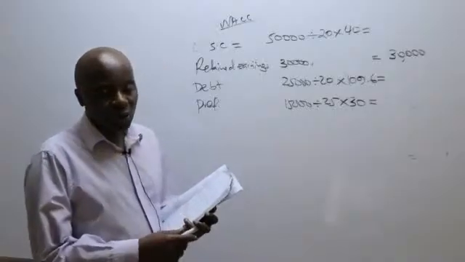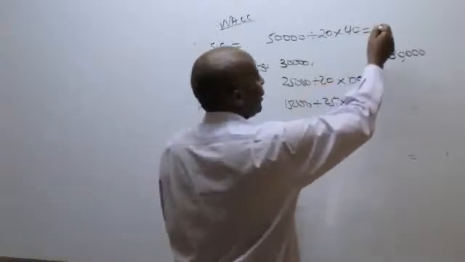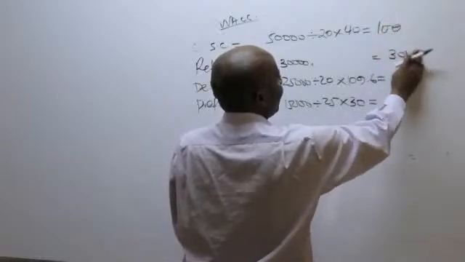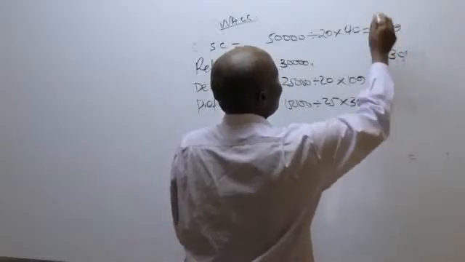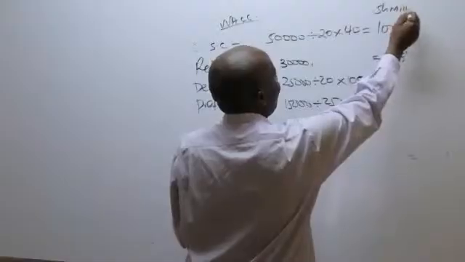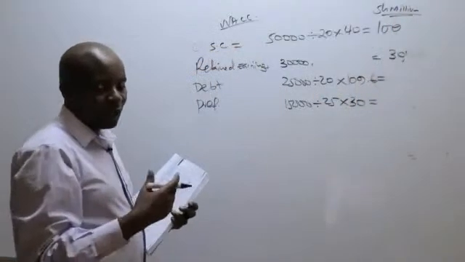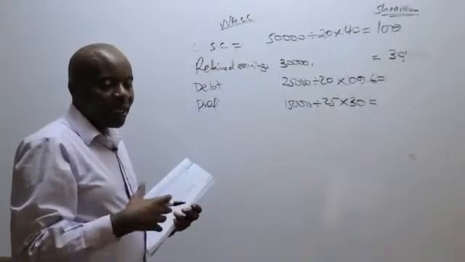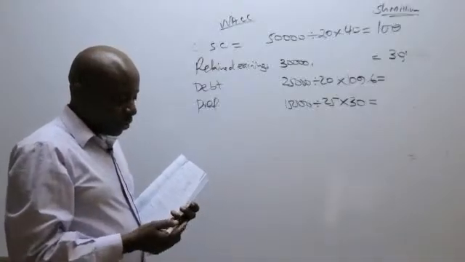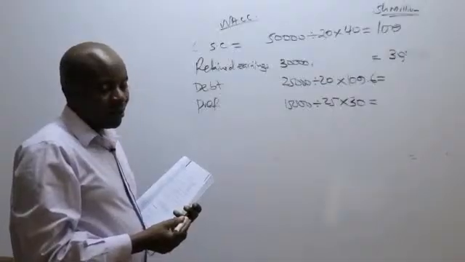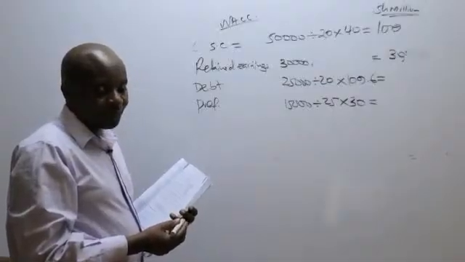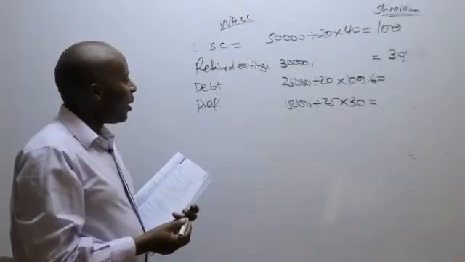I'm being told ordinary is 100 million. Let's put our figures in thousands or in millions. So 100. Retained earnings, of course, as you guys are aware, there is no adjustment at all. How about debt?